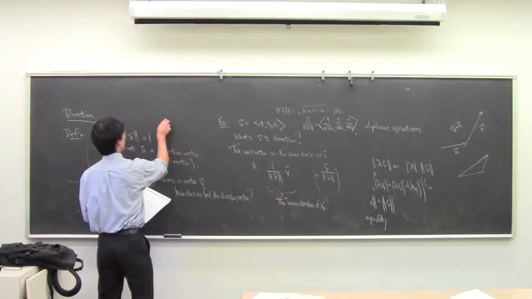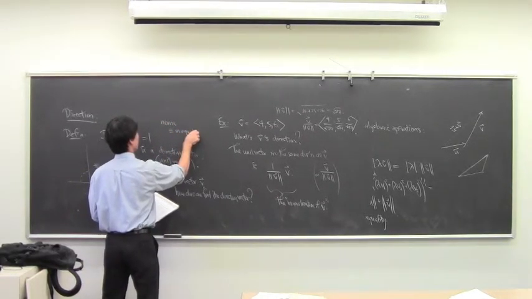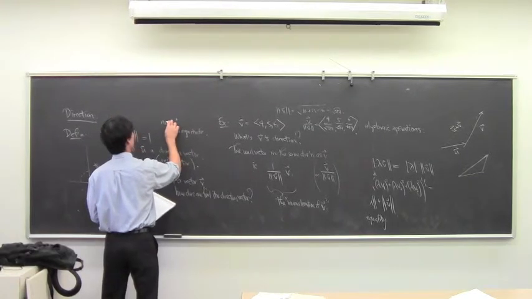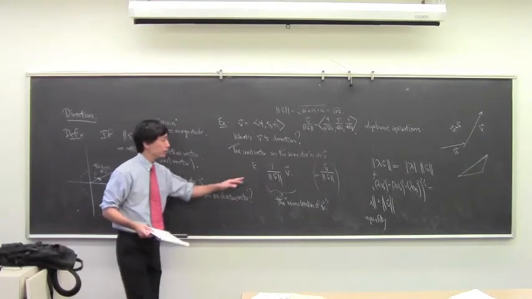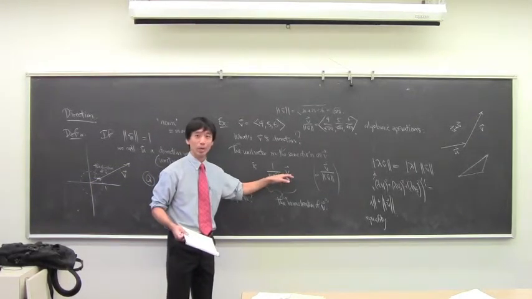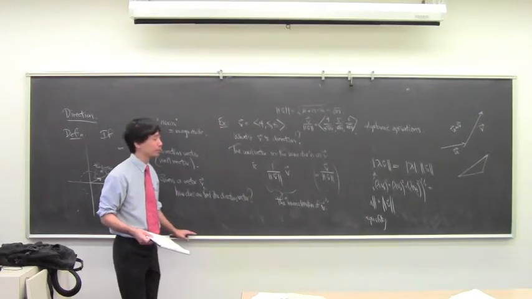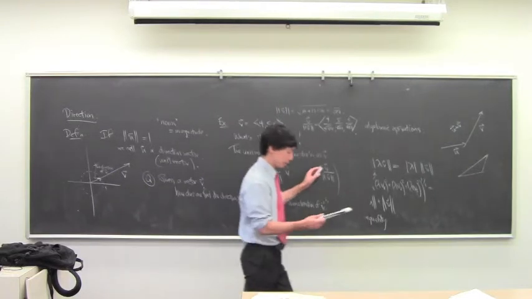Magnitude and norm are basically the same thing. So in normalization, you're dividing by the norm, and you get a vector of norm 1, a vector of length 1. That thing is called the normalization.